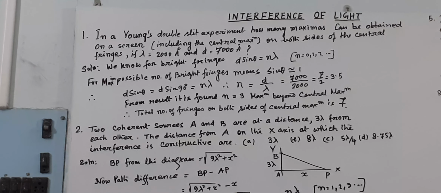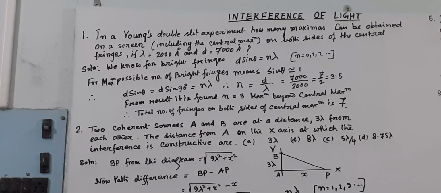Now the path difference between BP and AP will be root under 9 lambda square plus x square minus x, which will match with n lambda, because n equals 1 means first maxima, n equals 2 will be second maxima, and so on.